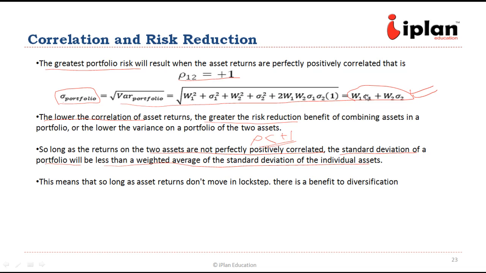In all other cases, the risk will be less than this. So as long as the correlation coefficient is less than +1, or the assets are not perfectly positively correlated, we will get the benefit of diversification. Let us elaborate it with the help of another example.